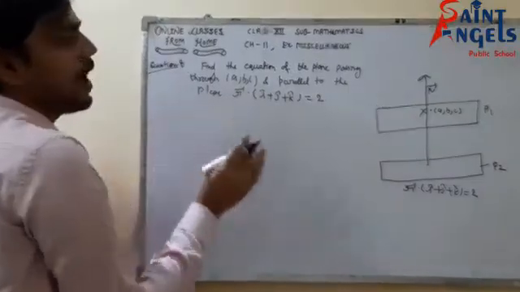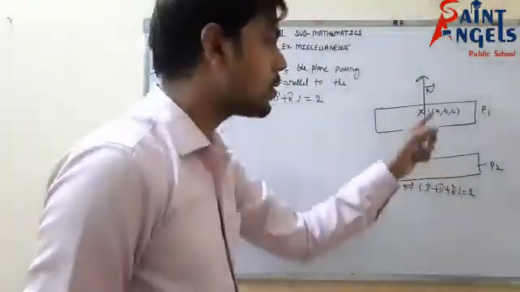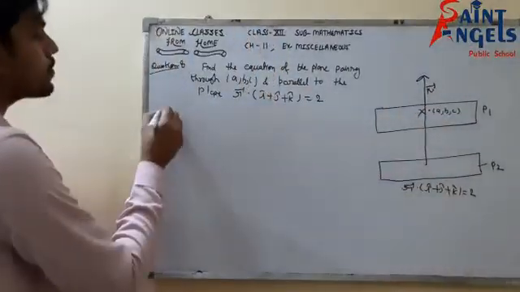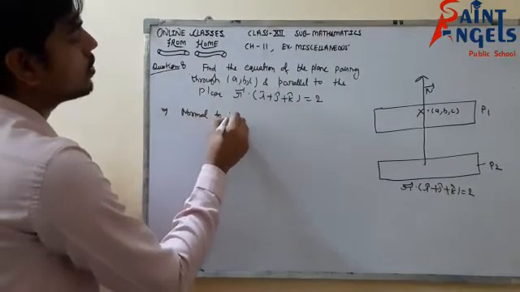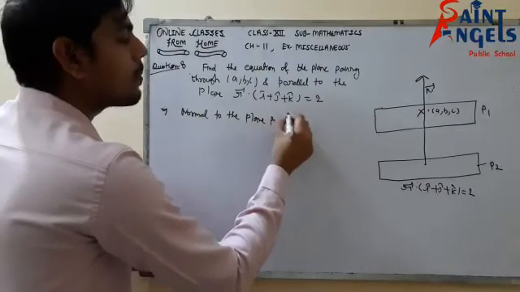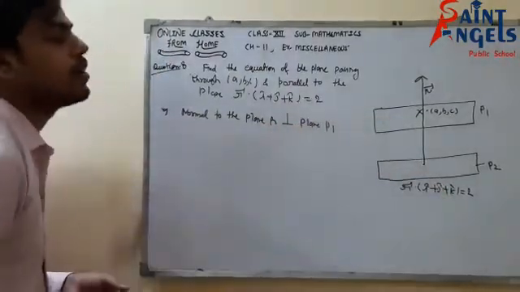I hope it's clear from the diagram that the normal to the plane P2 will be perpendicular to plane P1. So the normal to the plane P2 is perpendicular to plane P1, isn't it? It is very clear from the diagram.